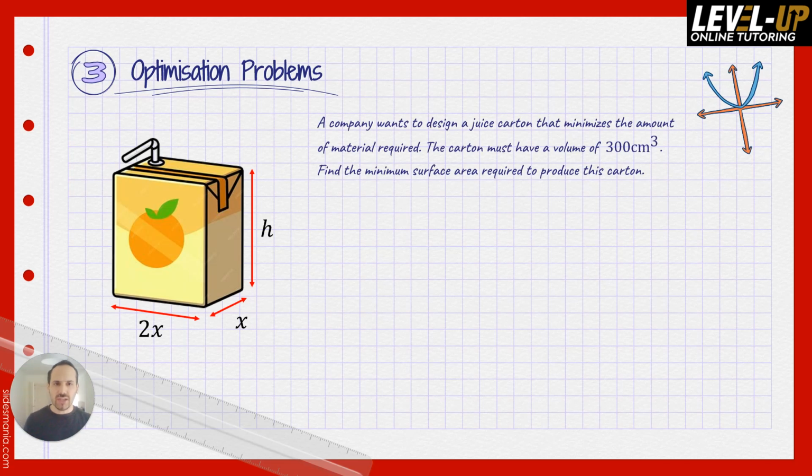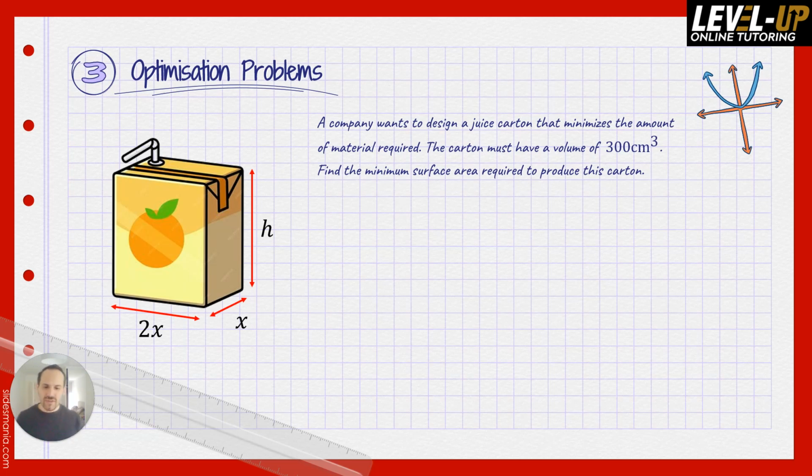A company wants to design a juice carton that minimizes the material required to make it, because why wouldn't you? Because then it would save you money, wouldn't it? But we know the carton has to have 300 centimeters cubed of volume, because we want it to hold that much juice. We want to find, okay, what values of x and h will give us the minimum surface area required to produce this carton based on these constraints.